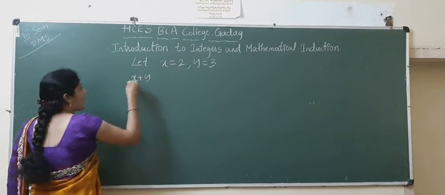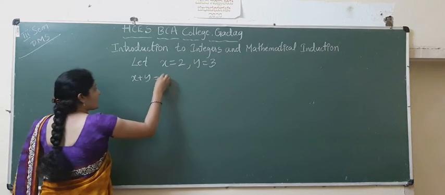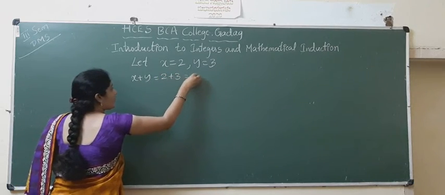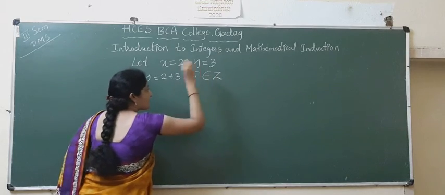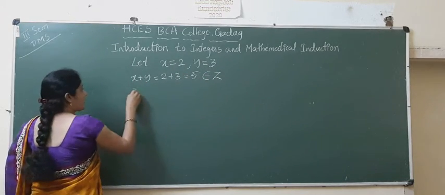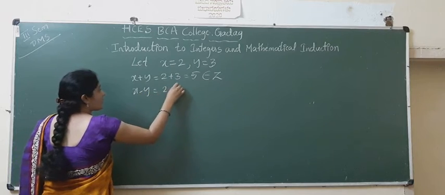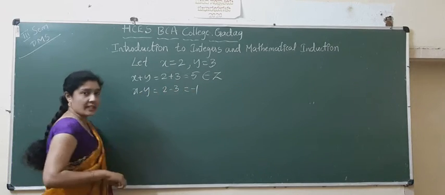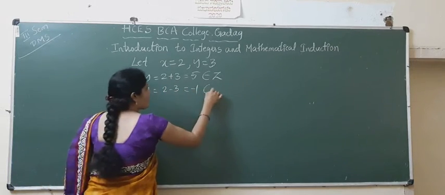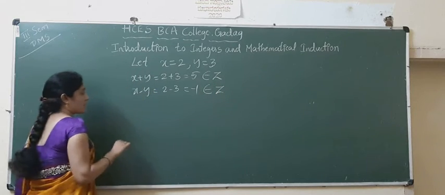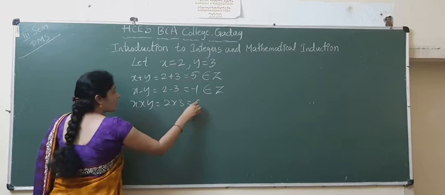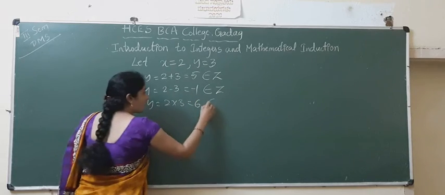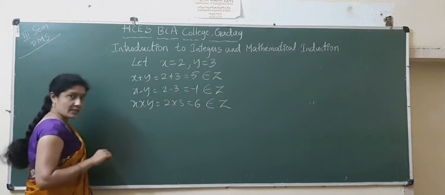First one, addition. x plus y is equal to 2 plus 3, which is nothing but 5, and this 5 belongs to the set of integers. Next, x minus y, which is 2 minus 3, that is minus 1. Minus 1 also belongs to the set of integers. Next, x into y, which is 2 into 3, equal to 6, belongs to the set of integers.